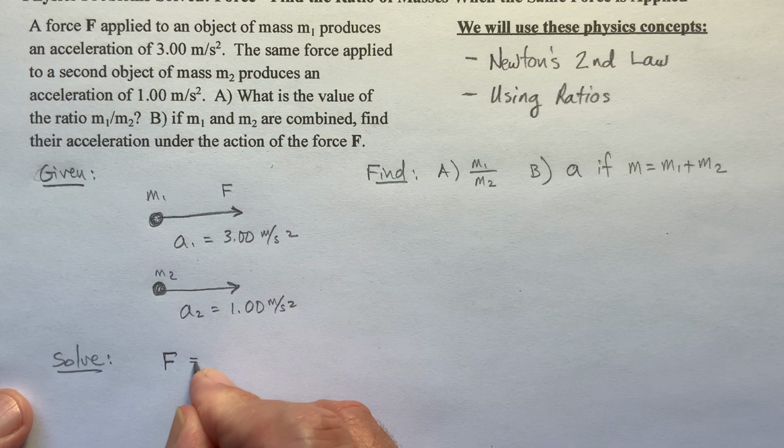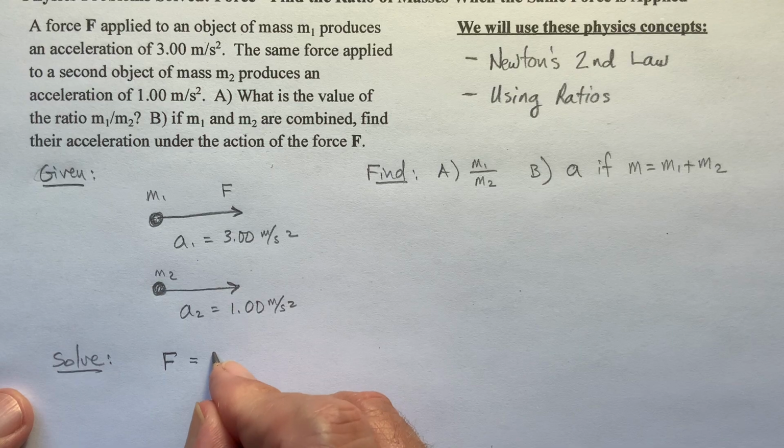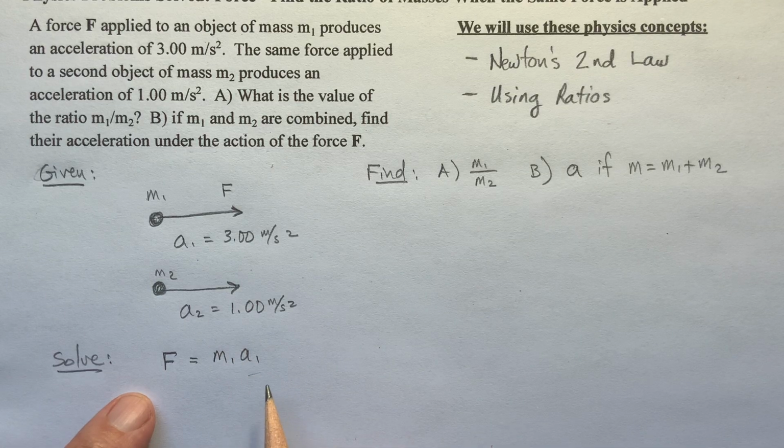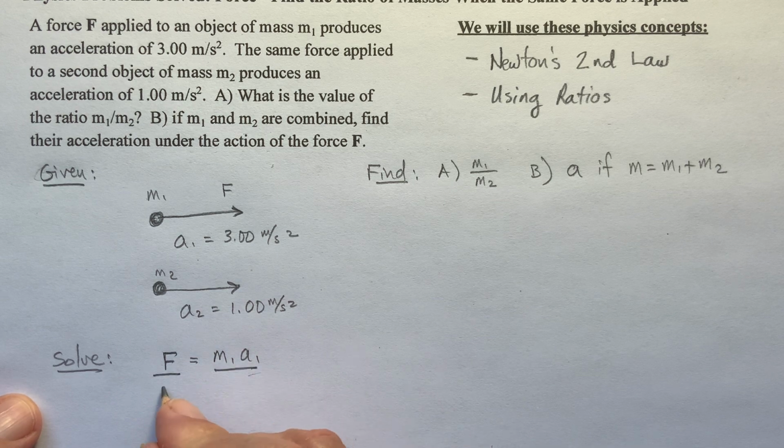We know that F is equal to m1 times a1, right? Okay. Well, what if I divide this by F? And it says the same F. Well, what is this F? This F is equal to m2 times a2, right?